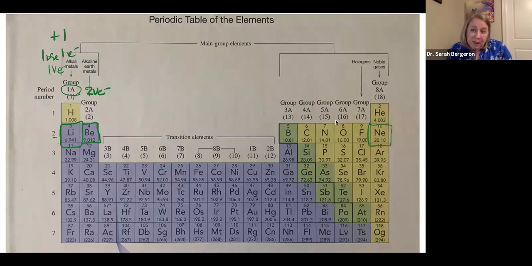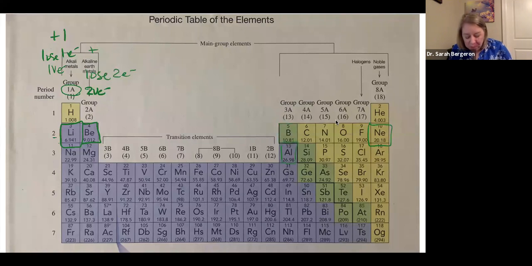If I have 2 valence electrons, is it easier to lose 2 or to gain 6 to get to 8? Well, I'm going to lose 2. So if I lose 2 electrons, now I'm going to have 2 more protons than electrons, and I'll be a +2. If I am boron, right? Boron can, really aluminum's a better example because it's a metal.